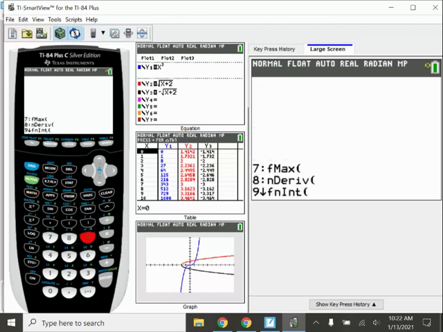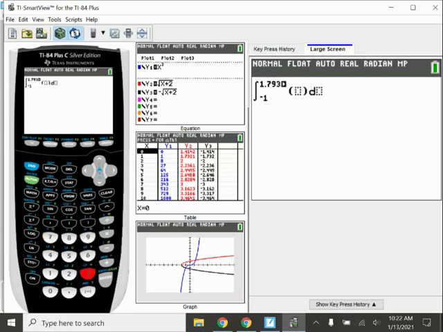So I'm going to do math 9. -1 is on the bottom. 1.793003715. And then I have to type in my equation.